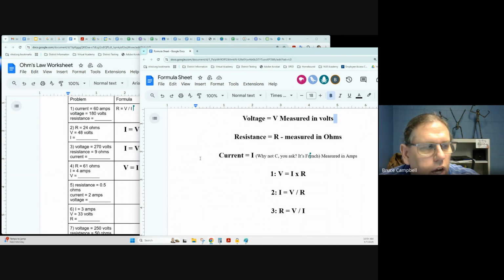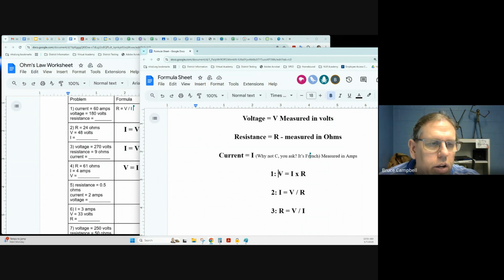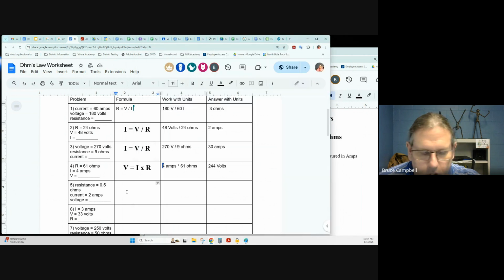They give us I, they've given us R. We want to find V. Which of our 3 little formulas here are we using? Formula 1, right. Voltage is equal to current times resistance.